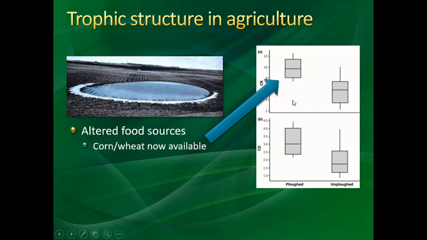And we see there are actually more food sources available in a plowed wetland, but what's driving that is that now you just have corn and wheat available, whereas in an unplowed wetland you basically just have detritus and algae.